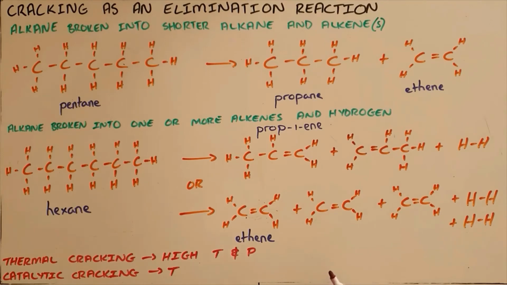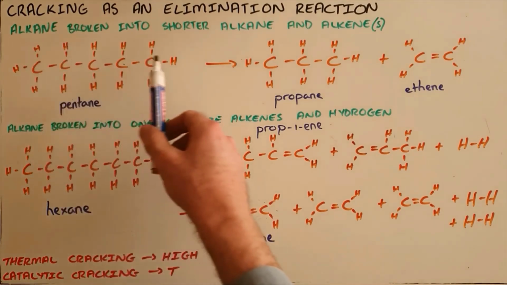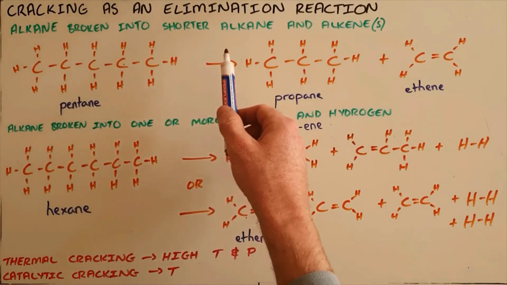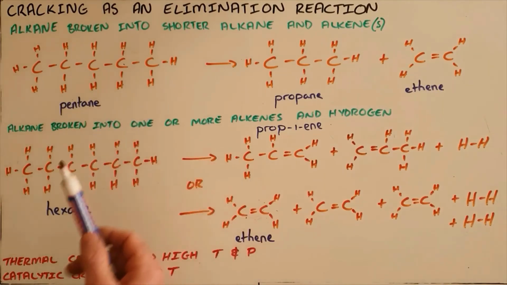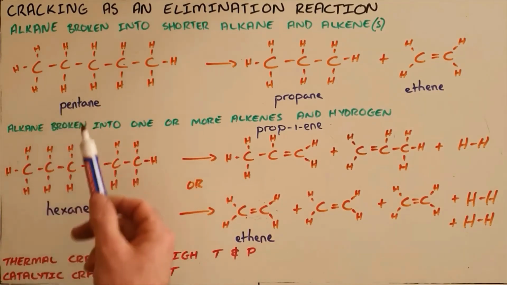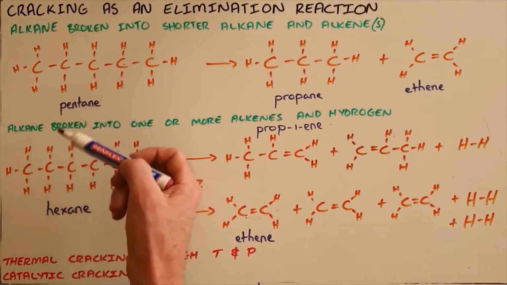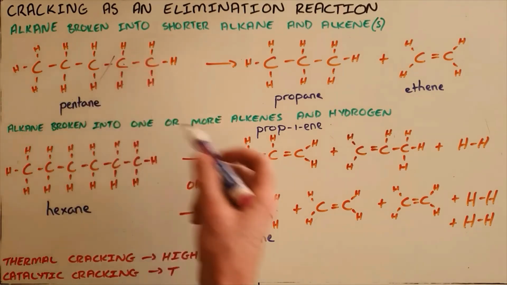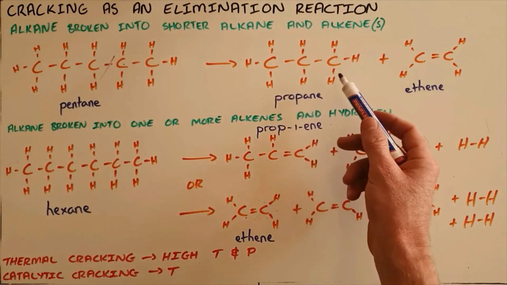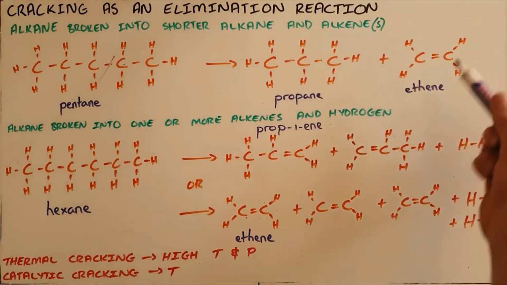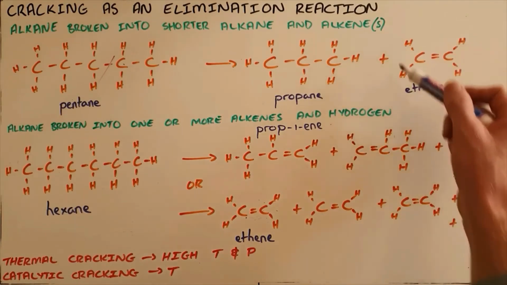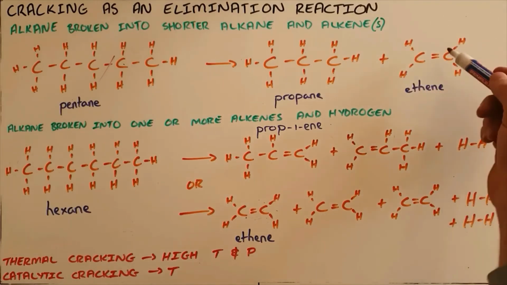There are two types of cracking. The first type is where an alkane is broken into a shorter chain alkane and an alkene, or a number of alkenes. As an example here, we have pentane that under the right conditions is broken into a propane molecule, and then because there is now a shortage of hydrogens, the shorter chain, in this case the ethene, forms a double bond.